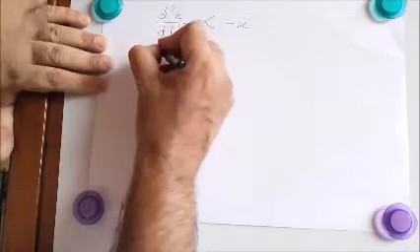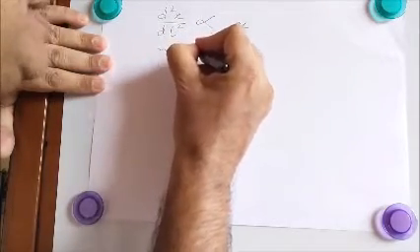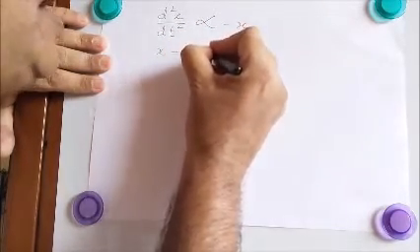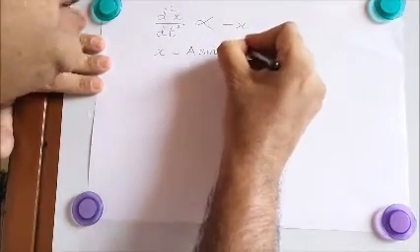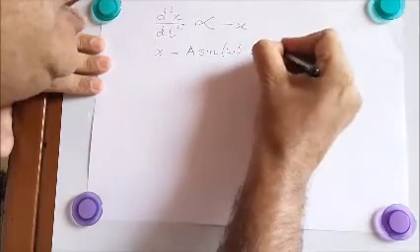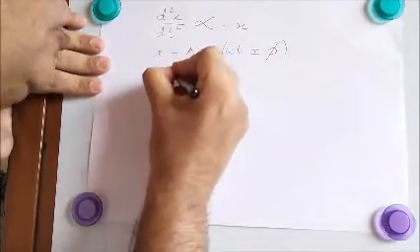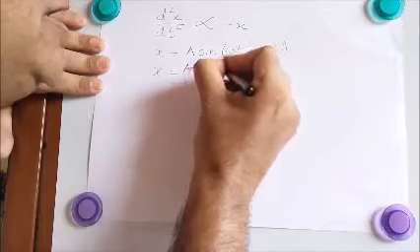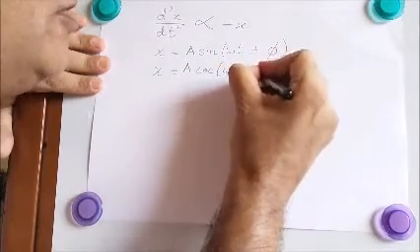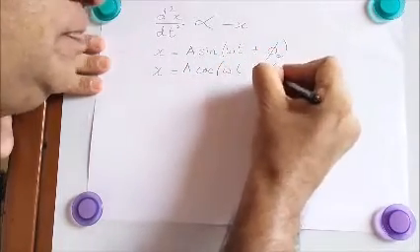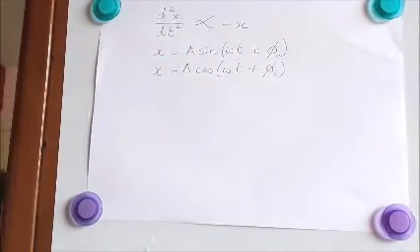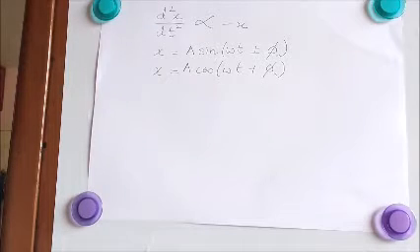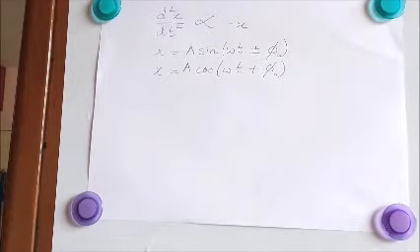All sine and cos functions of time are simple harmonic in nature. That is, x equal to a sin(omega t plus or minus phi naught) and x equal to a cos(omega t plus or minus phi naught). Instead of x we can have y, it makes no difference. So any sine or cos function of time oscillates simple harmonically.